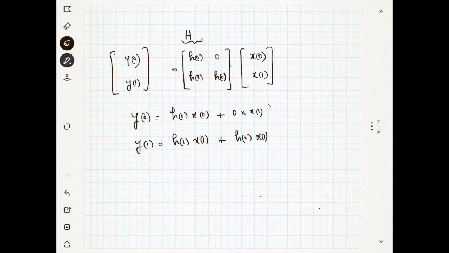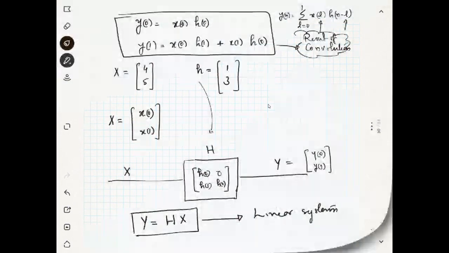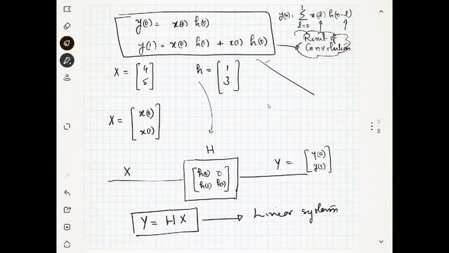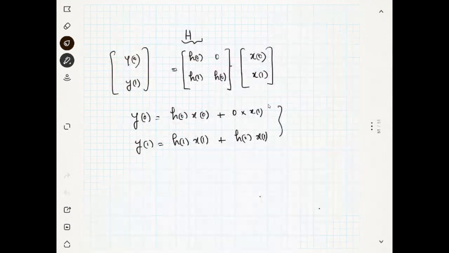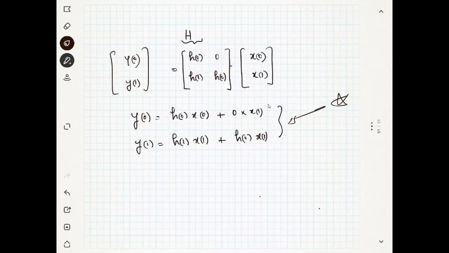Do you agree with me? Is this equation, and this equation, the same? Same.